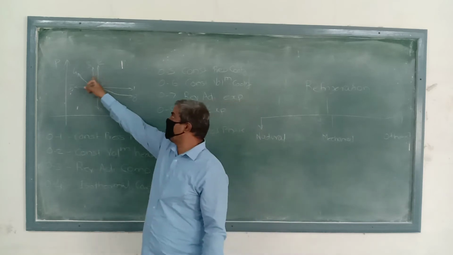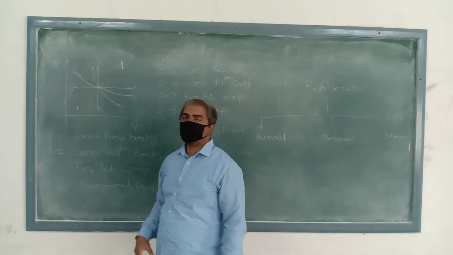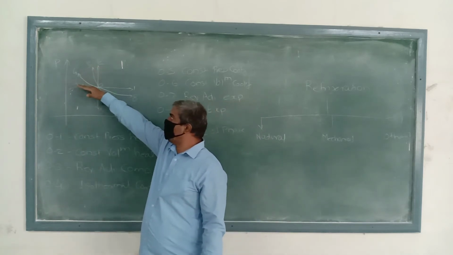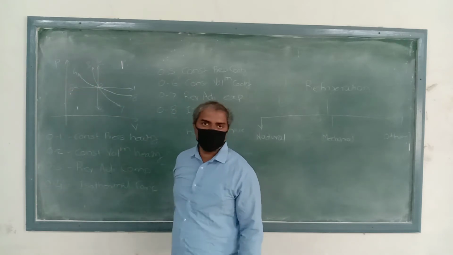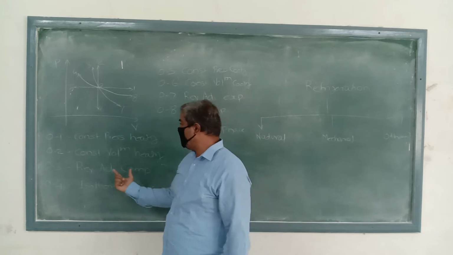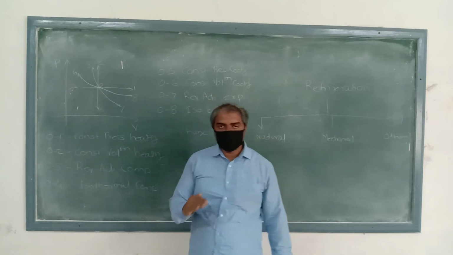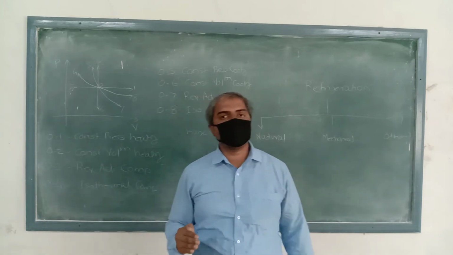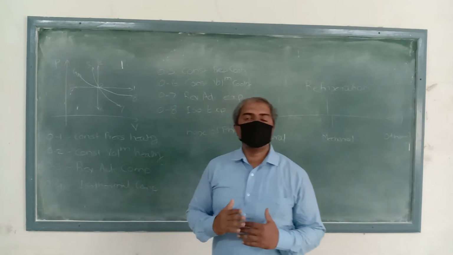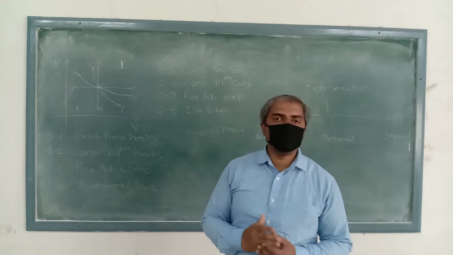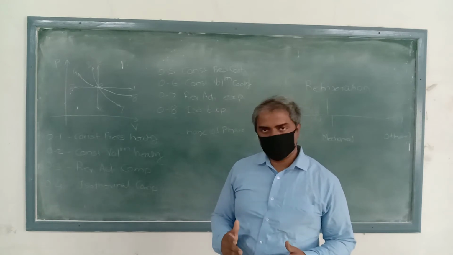If you observe the 0 to 3 and 0 to 4 processes, the 0 to 4 process is slightly below the 0 to 3 process. In the reversible adiabatic process the entropy is constant, and during the isothermal process the temperature is constant.